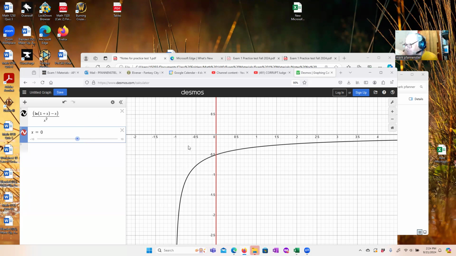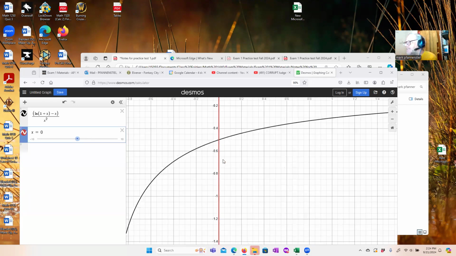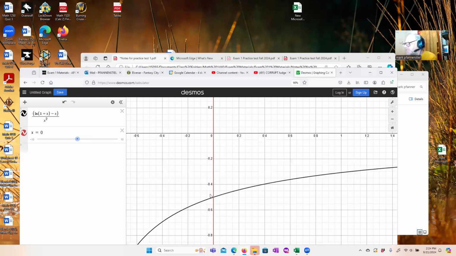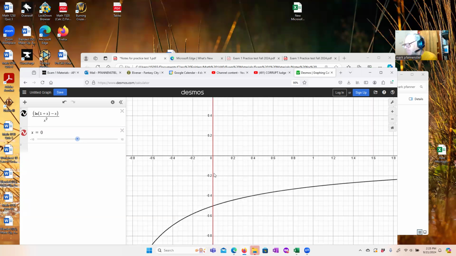It's fantastic, and it's free. But I wouldn't expect you to be able to graph this thing by yourselves. This is a lot to ask. As I scroll in here to see what's going on with my value, we can see as we get closer and closer to 0, we get really close to negative 1/2, just so that you have an idea of what's actually going on.